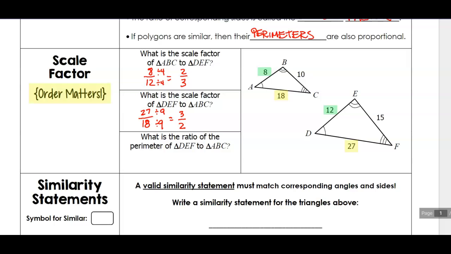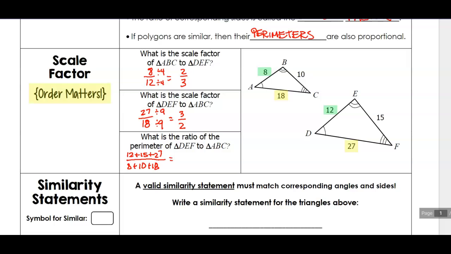All right, and then the ratio of the perimeters of DEF to ABC. So let's add up the sides in the bigger triangle. So I have 12 plus 15 plus 27 over 8 plus 10 plus 18.